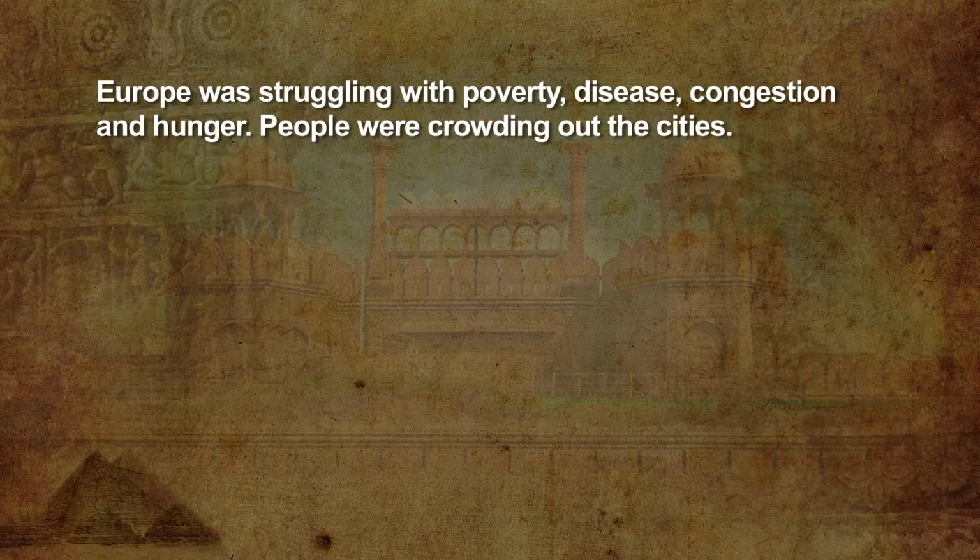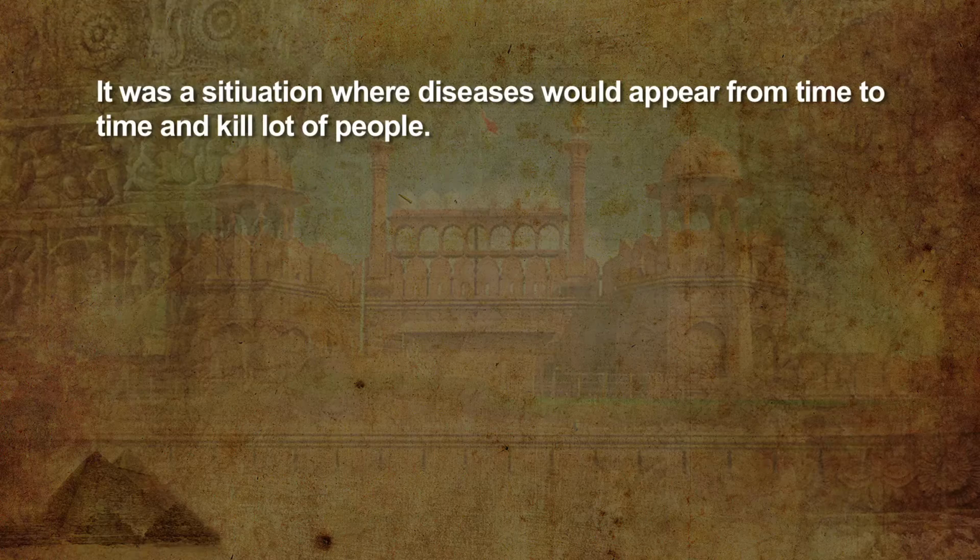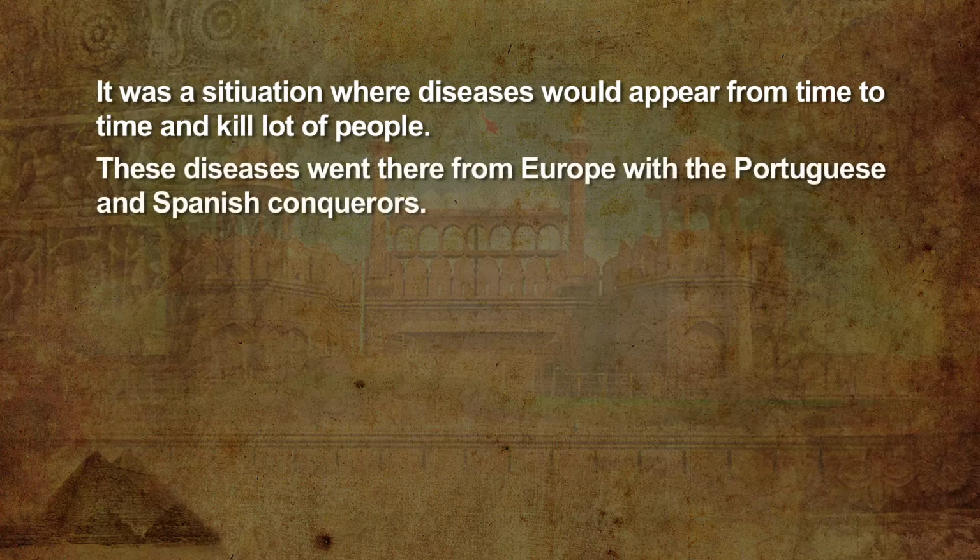We all know how during this period, Europe was struggling with poverty, disease, congestion. People were crowding out the cities in huge numbers. Agriculture was sparse. It was not producing enough to meet the demands of the people there. So it was a situation where diseases would appear from time to time and kill a lot of people. These diseases went to the Americas from Europe with the Portuguese and the Spanish conquerors and colonialists.